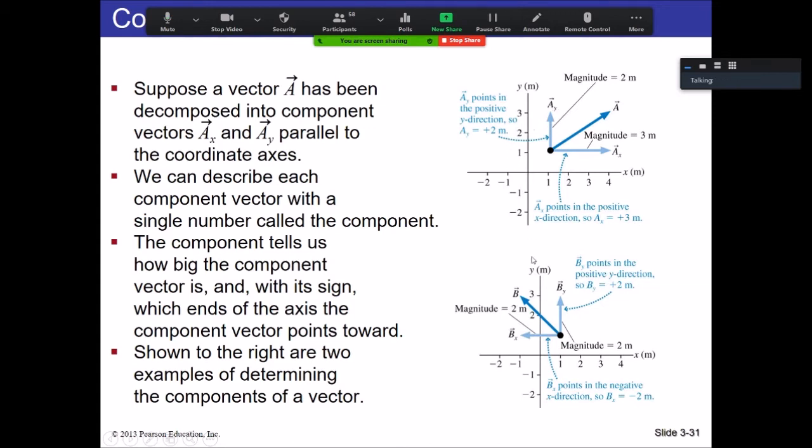Now, vector B here is a second quadrant vector. A quadrant 2 vector has a negative x component because it points in the negative x direction. So here, B sub y is 2 and B sub x is negative 2, to indicate that it has a length of 2 but points in the negative x direction. The negatives here are all about direction, which is true of the vast majority of negative signs we deal with in physics.